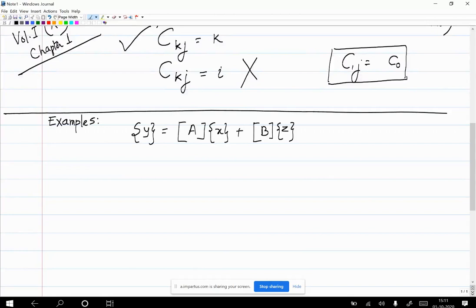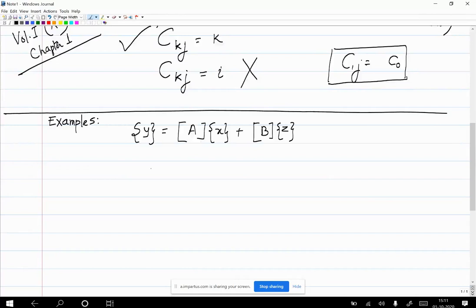The curly braces denote vectors, and the big brackets denote matrices. This is the convention that the book follows. So this is a matrix vector equation, right? And suppose I want to write this equation in index notation. Then how will I write it?